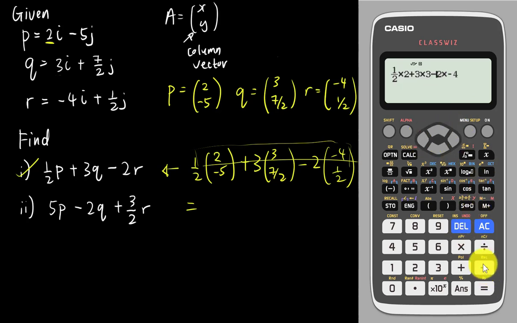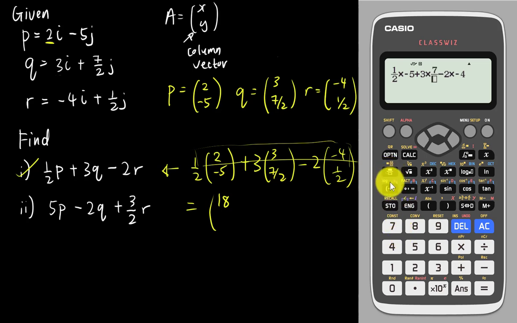This is minus, cannot type the negative. Alright, so the calculator will tell me my top will be 18 here. Then when I want to do the j component, I will do the same thing but change some of the values. So 2 I can change to -5, and then the 3 here I will change to 7 over 2.